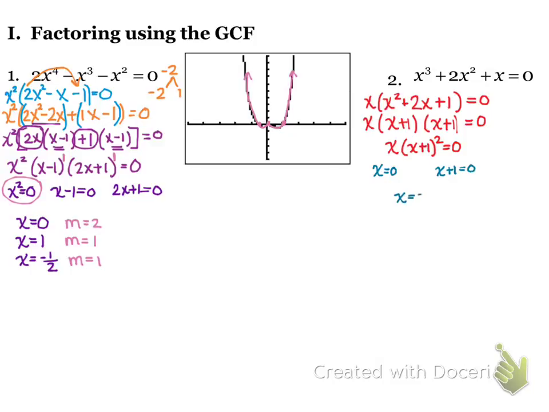So therefore we have x equals 0, which is pretty obvious, and we have x equal to negative 1. So x had a degree of 1, so it has a multiplicity of 1, and x plus 1 had a degree of 2, so it has a multiplicity of 2.